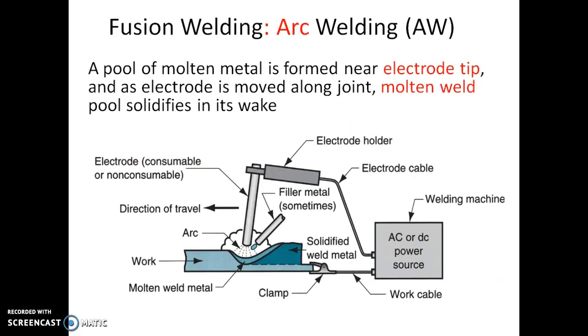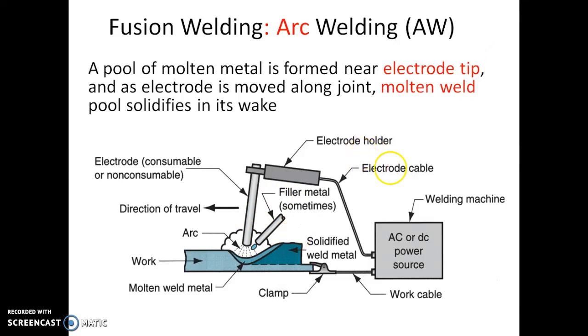Now we'll concentrate on the basic type, arc welding. Here an AC or DC power source is used, and one end, positive or negative, is connected to the electrode, and the other end is clamped to the workpiece.